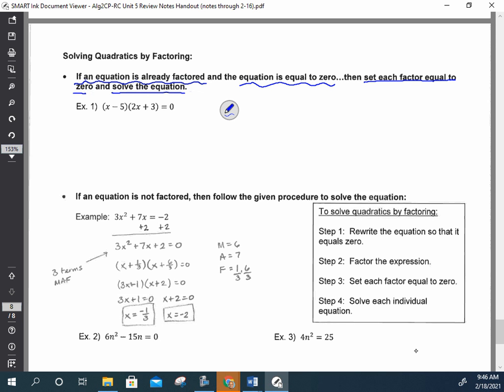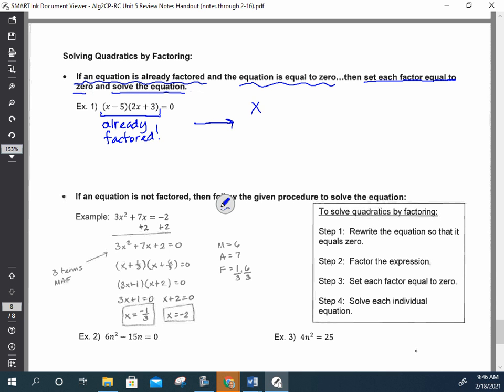So if you've got x minus 5 and 2x plus 3 equal to 0, well, that's already factored.